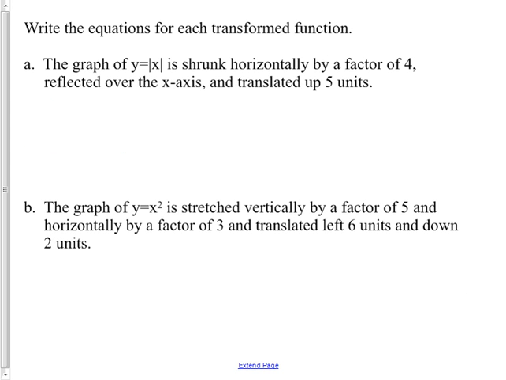All right, these kind of are easy. It's just, okay, I got y equals absolute value of x, and I got to do some stuff to it. Shrunk by a factor of 4, horizontally. That means on the inside. Do I put a 4 or a 1/4? To make it shrink, should I use a 4 or a 1/4? 4, because it's counterintuitive.